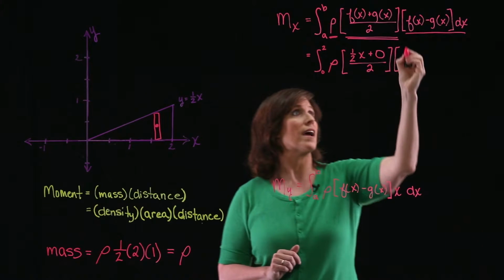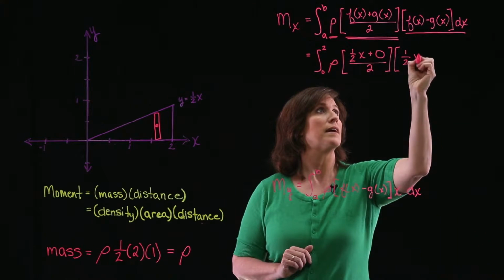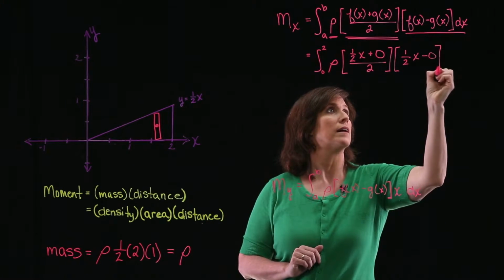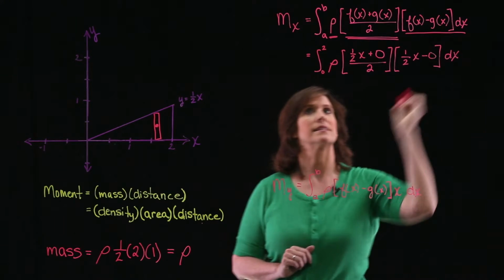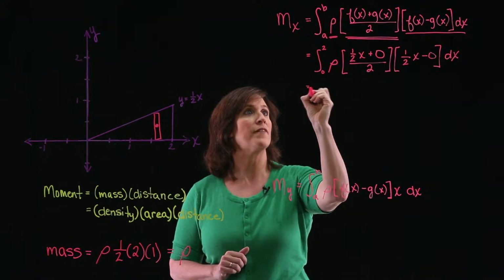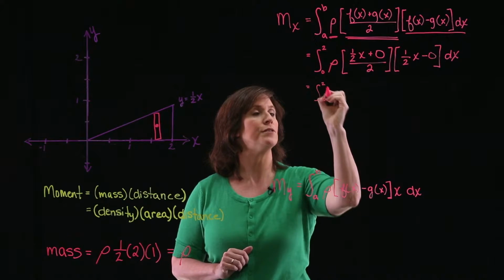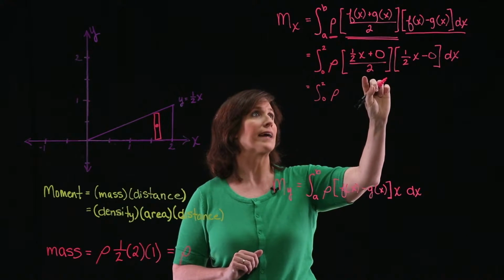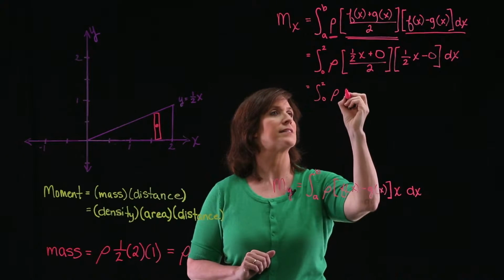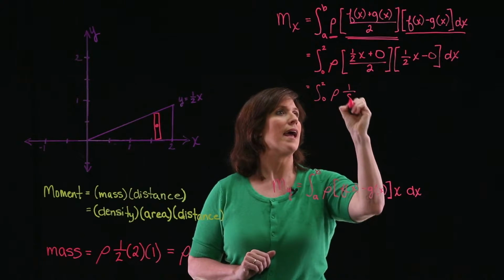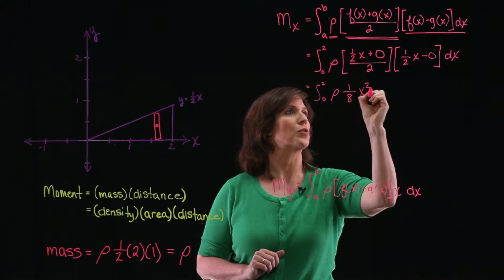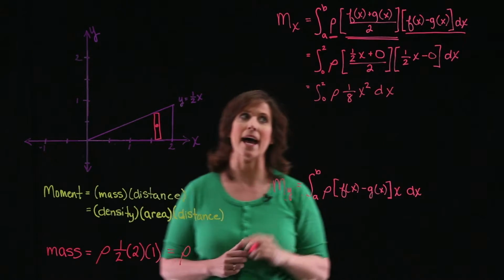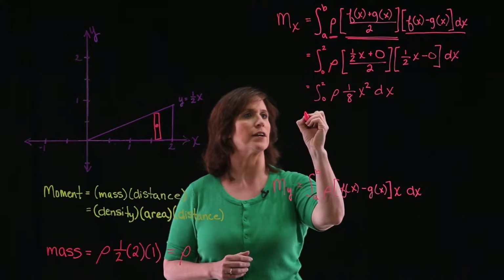Then to calculate that area, I need 1/2 x minus 0, dx. With a little bit of algebra, I can reduce this down to rho times 1/4 x times 1/2 x, so that's going to be 1/8 x squared dx. This is a fairly simple integral now.